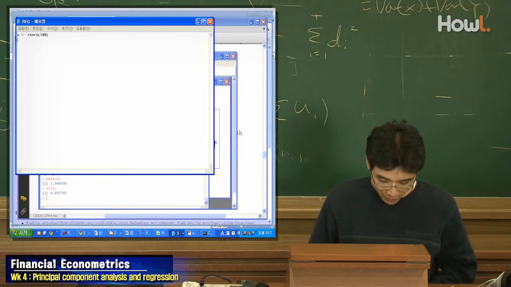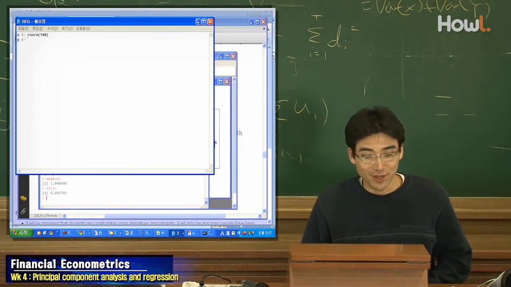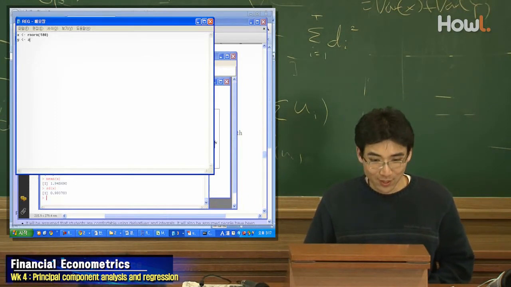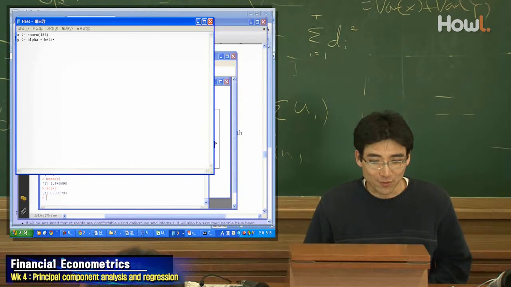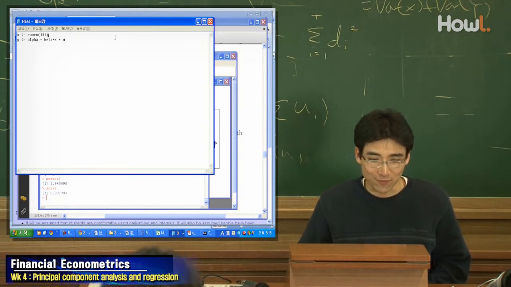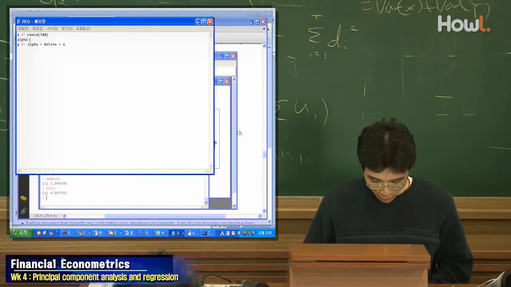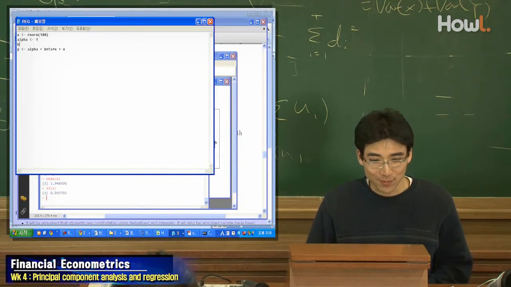and let us define y equals alpha plus beta times x plus u. Okay, and we have defined u. So let's say alpha equals 1, beta equals also 1.